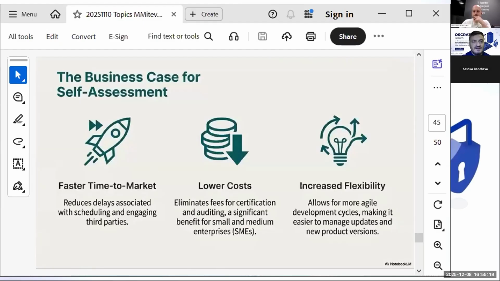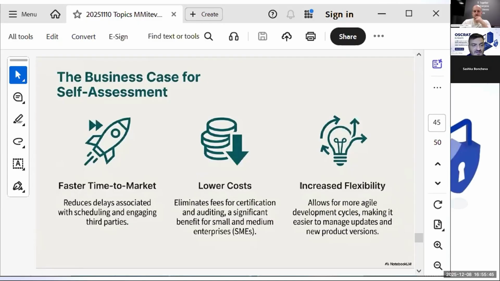Even with these limitations, self-assessment has strong advantages for many companies. It can greatly reduce time to market because manufacturers do not need to wait for external evaluation or audits. It also lowers costs, which is important for small and medium-sized enterprises.